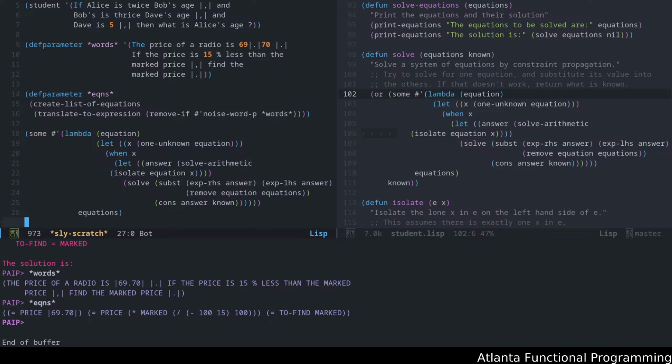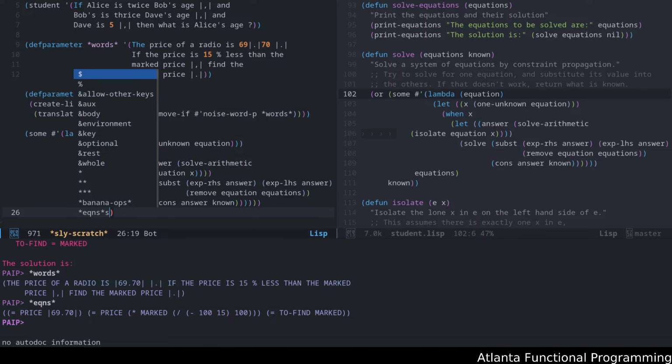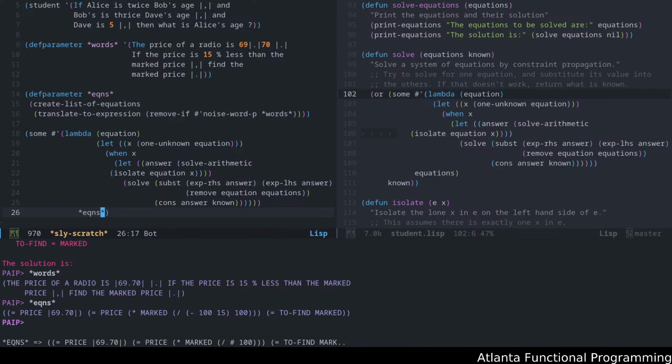So let's see here. Right. So what I want to do is run this guy on our equations.